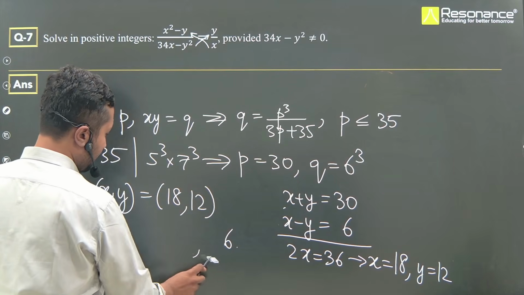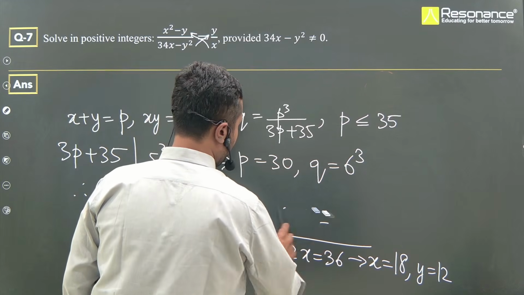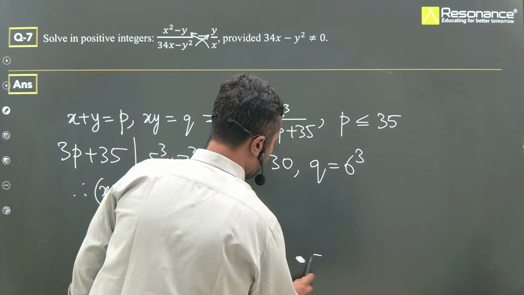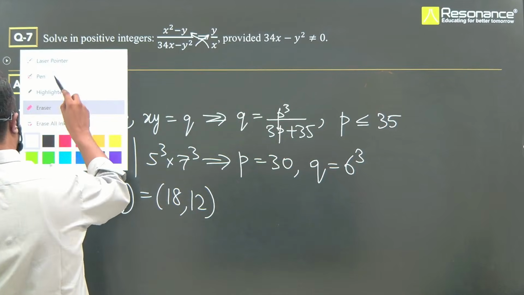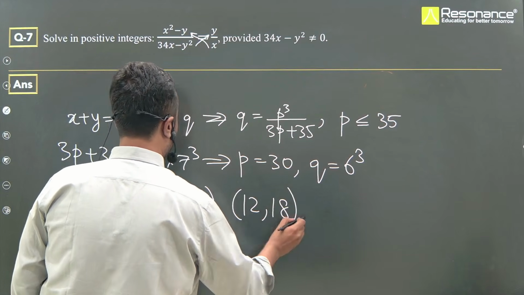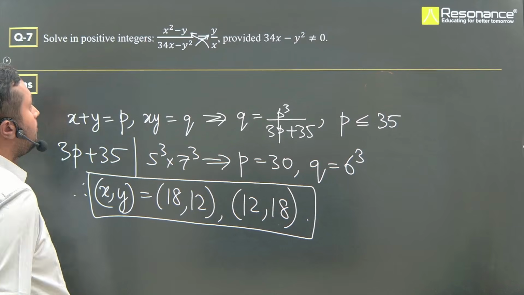You see that the difference is actually minus 6 in that case. So that's it. They are the only solutions to this puzzle.